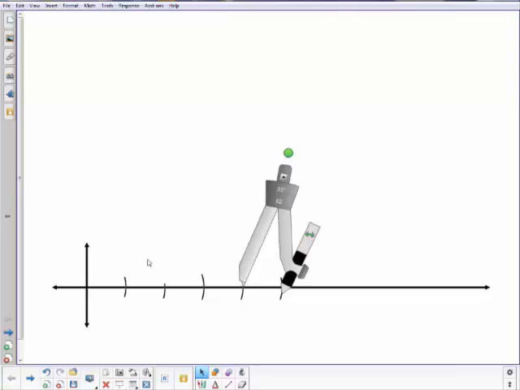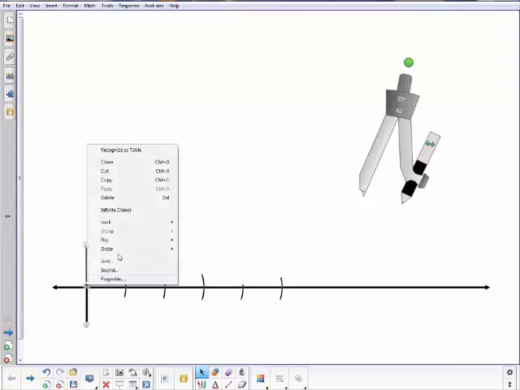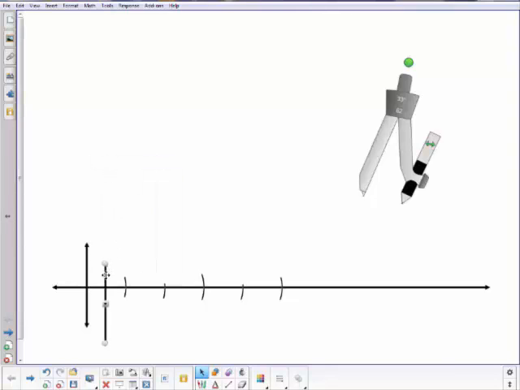So if I clone this particular segment, first of all, let me get the compass out of the way. If I clone this particular segment here, or line here, which I can easily do with the Smart Tools, I can drag it over here, put it right on top of that location, and you can see that this location would be called the natural number 5.